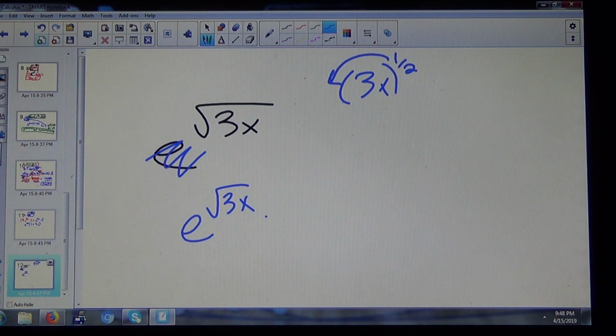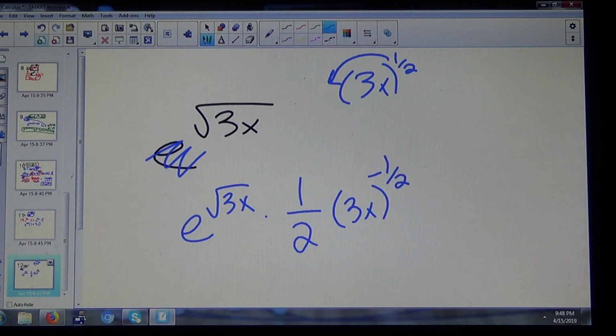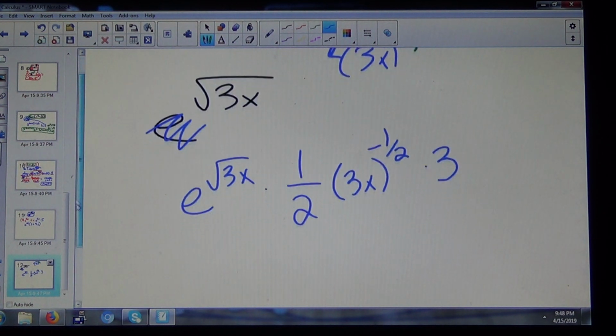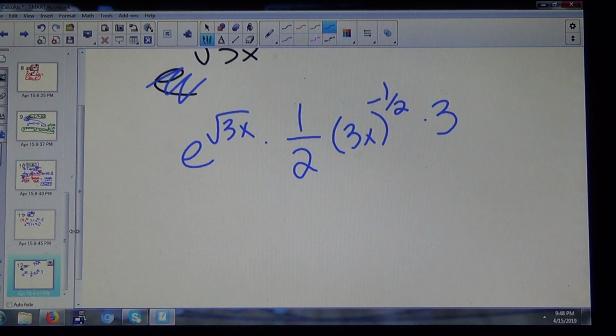Half comes out in front. 3x to the negative half times, so now once you've done the derivative of that, go to the inside, is 3. Okay, so if I make this look a little bit neater, this 3 can come right here and multiply to that 1.